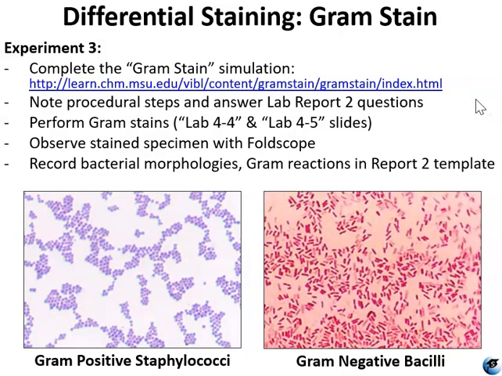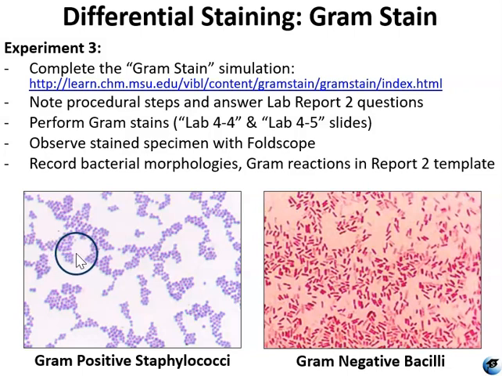Then you're going to do the gram stain procedure in real life using slides that are in your kit that have already been prepared and heat fixed. After you finish the gram stain, you're going to observe the slides. You're going to look for the gram reaction based on the color, and also you're going to be looking for the shape and the arrangement of the cells. And these pictures here are representative of what you should see on those slides.